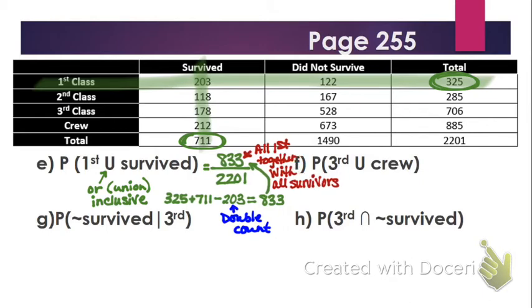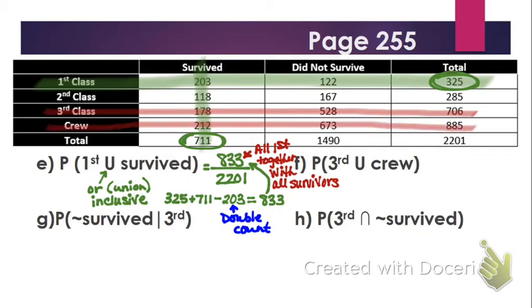Do I have to worry about double counting people here? Yes. No. Why not? Because they're going that way. They don't intertwine. They don't intersect each other at all. Absolutely. Third class is right here. Crew is right here. And there weren't any third class passengers who were also serving as the crew.